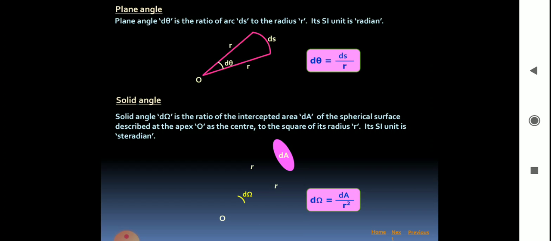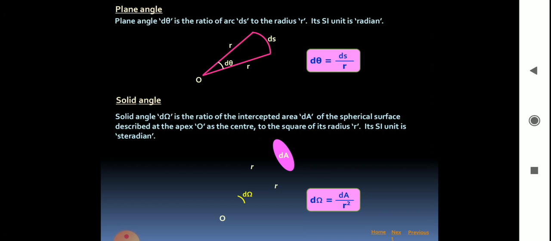Now let us see the supplementary quantities of the SI system, that is radian and steradian. Here let us see the plane angle and solid angle. The plane angle d theta is the ratio of arc ds to the radius r. Its SI unit is radian.